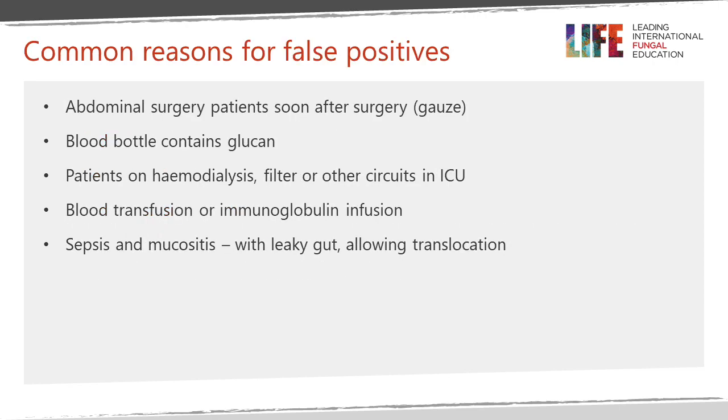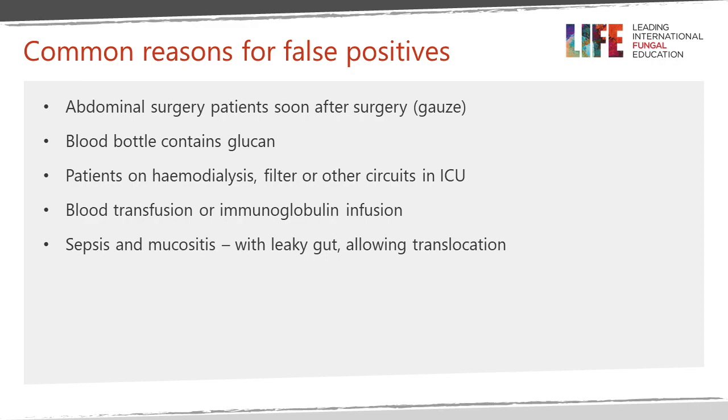Common reasons for a positive result without a fungal infection are as follows. Abdominal surgery patients soon after surgery, and this is related probably to gauze used during the surgical procedure. Sometimes a blood bottle contains glucan, and that can give a false positive result.